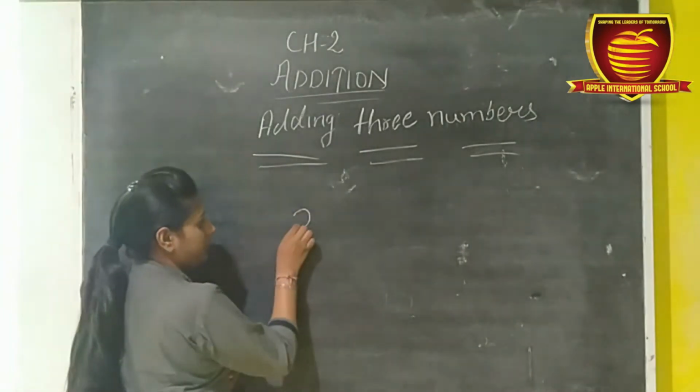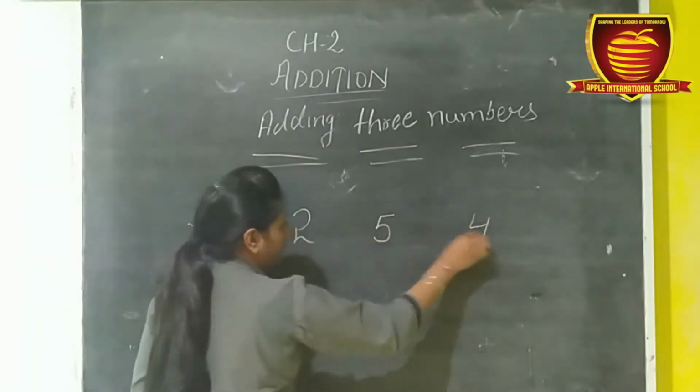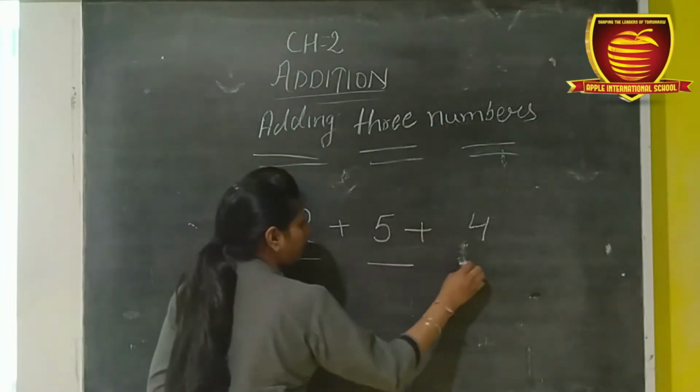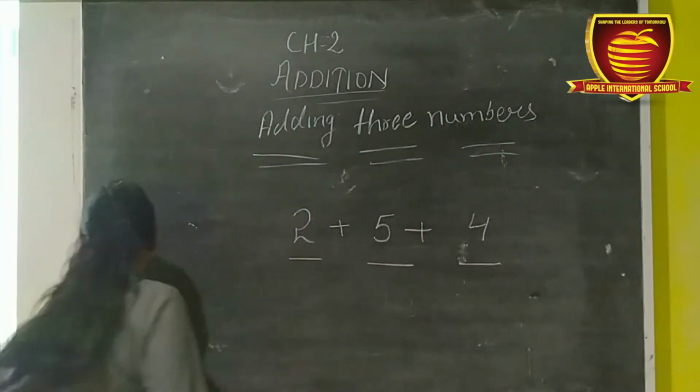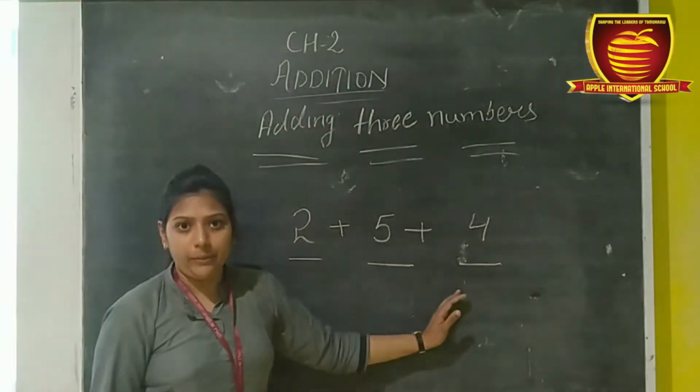Suppose we have 3 numbers: 2, 5 and 4. Now we have to add these 3 numbers. It's very easy. Use fingers to count to add the 3 numbers.